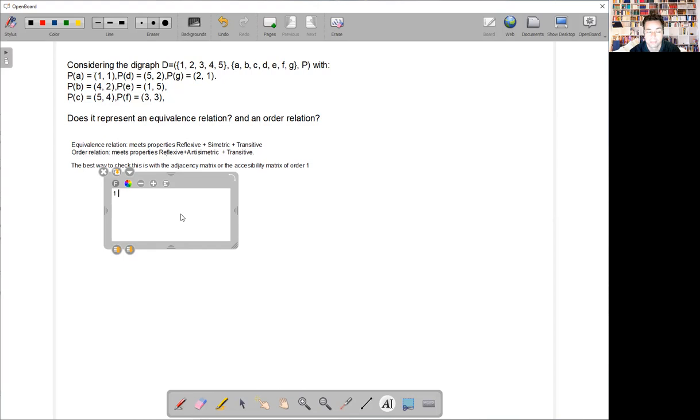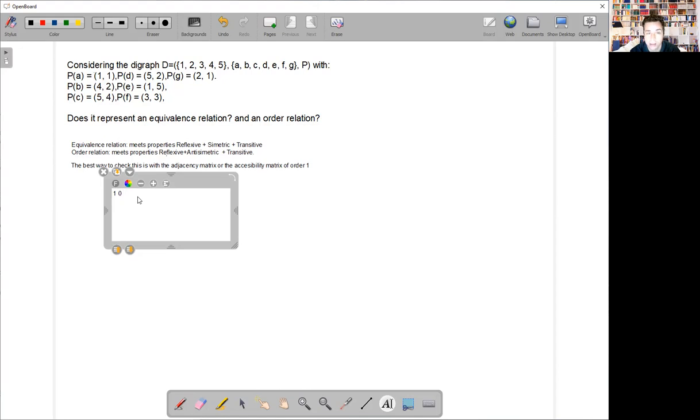Then, this is a directed graph, right? As you can see, we don't have any path of length 1 from 1 to 2. So we put a 0 here.